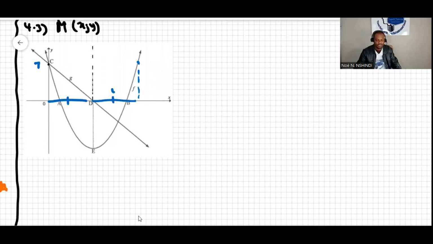Here the x coordinate must be 8, and obviously the y coordinate will still be 7. So these 2 points will be symmetrical towards this line, the line of symmetry. So the point M is 8, 7.